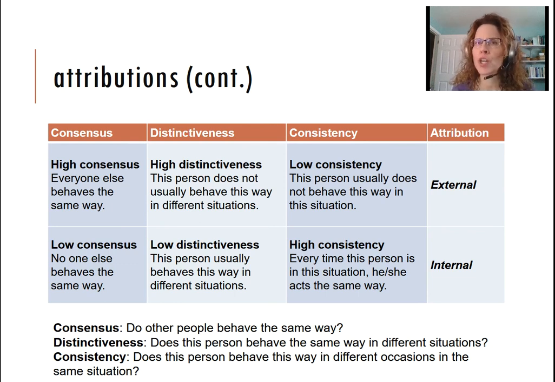It was just that Thursday. Again, you've got Joe in more than one class, and Joe is never late for the other class, ever, always on time. So high distinctiveness. It's just that one time. Again, it's unique to this particular situation, that particular class, that particular time.